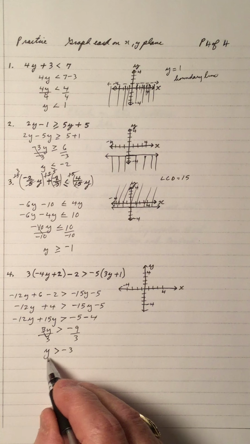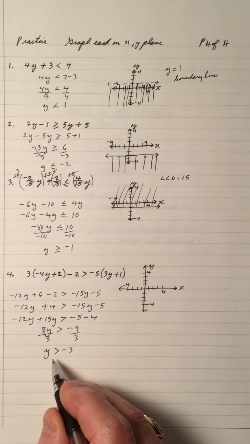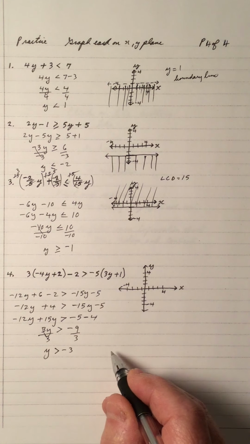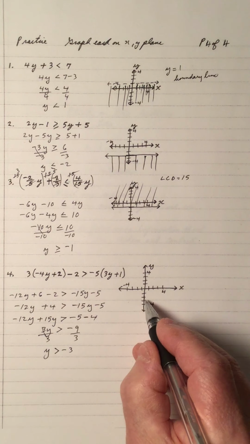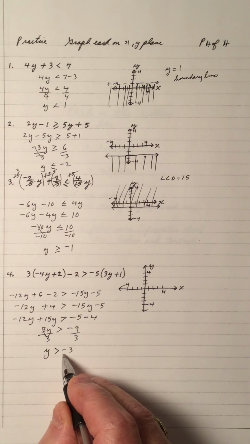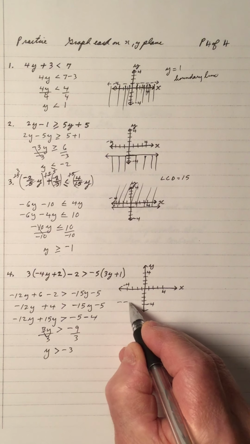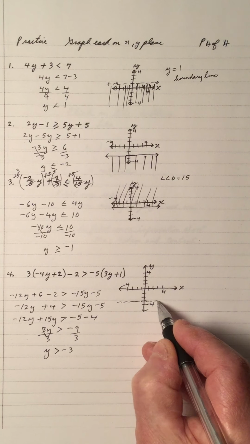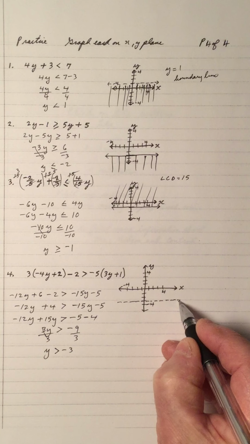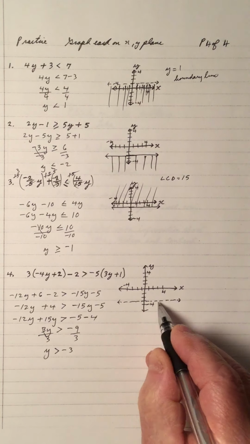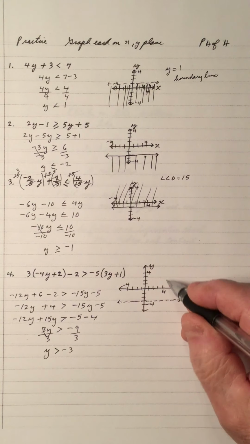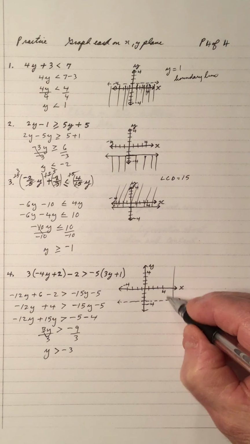So I have a horizontal line again. The boundary line is y equals negative 3. And the boundary line is broken because there's no equal sign. There's the boundary line. Y is greater than is above the line.